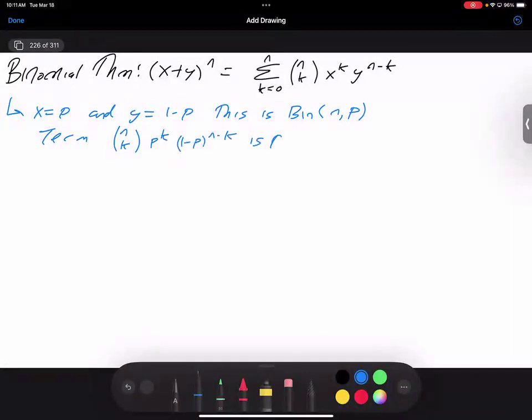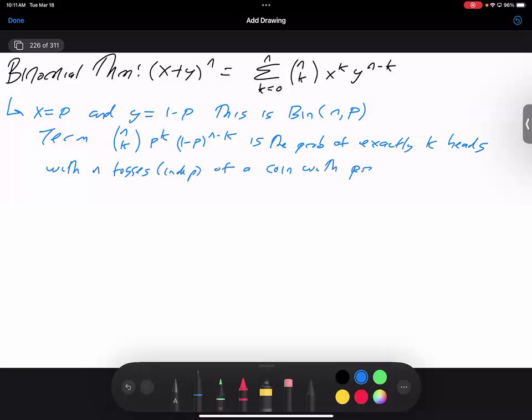k, is the probability of exactly k heads with n independent tosses of a coin with probability p of heads. Right?